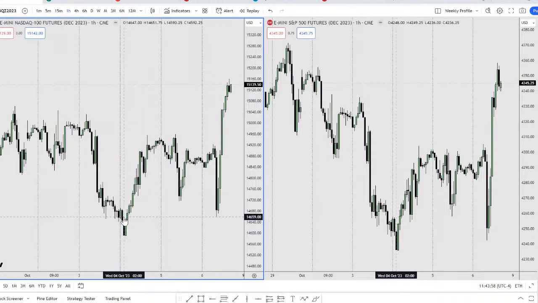And in that case, when you have an asymmetrical market, you can tend to expect a deeper retracement. For example on S&P here, you would tend to expect a deeper level retracement following Nasdaq.